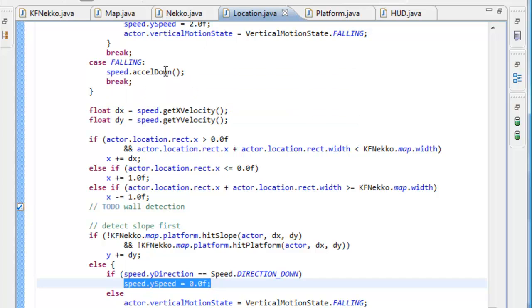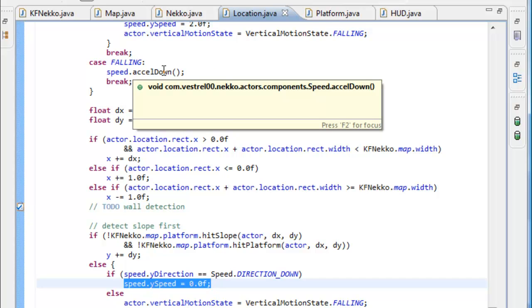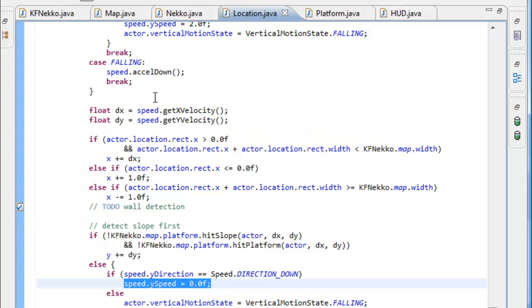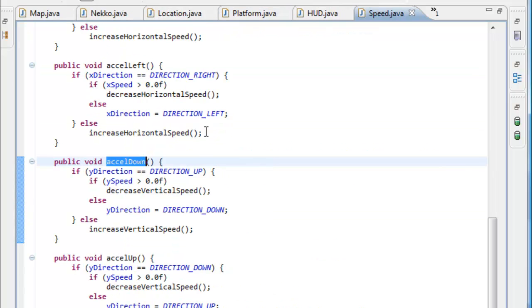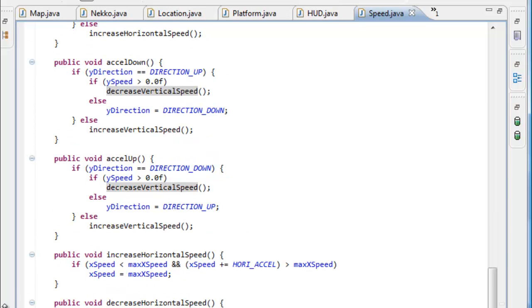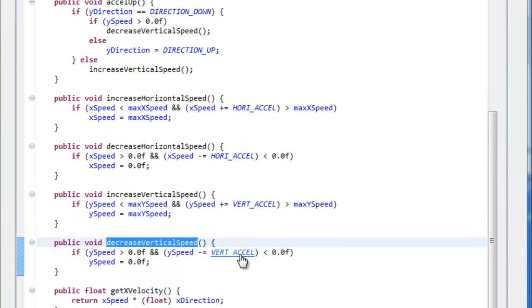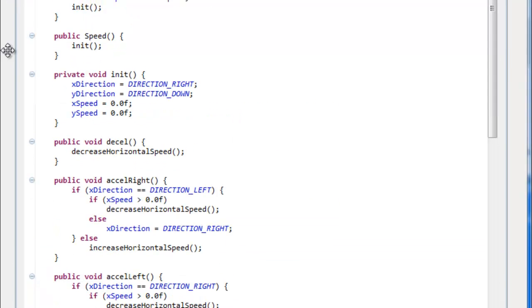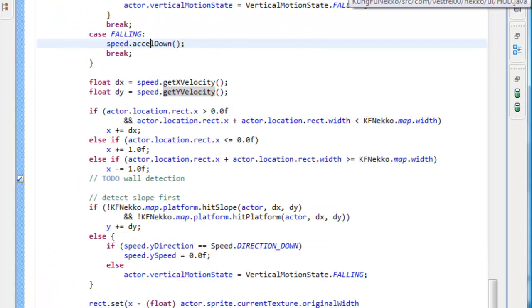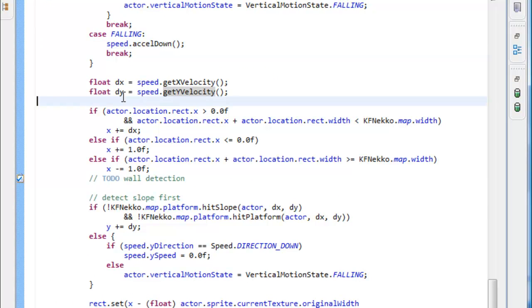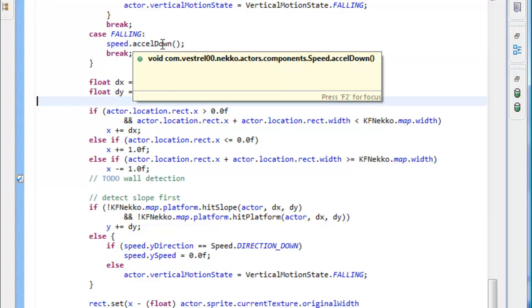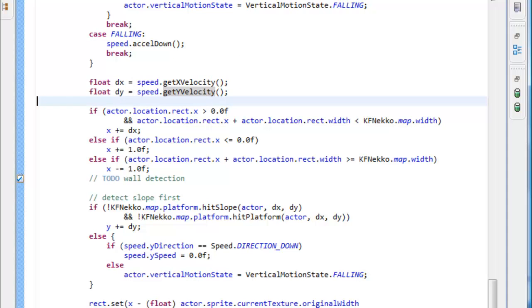And when we're falling, we're accelerating downwards, meaning our dy is equal to negative vertical speed, which is equal to -4. So our dy all the time when we're on a platform is actually -4.